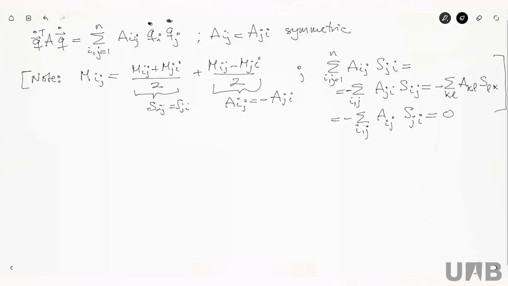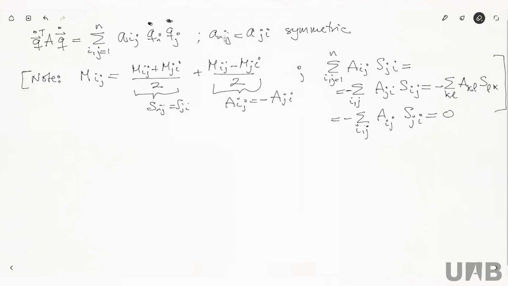So I can take these coefficients here symmetric. Actually, I'm going to change them. I'm going to call them little a, so that you guys don't get confused. So this is going to be a_ij, this is going to be a_ji.